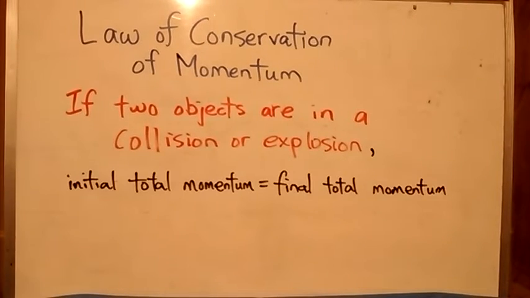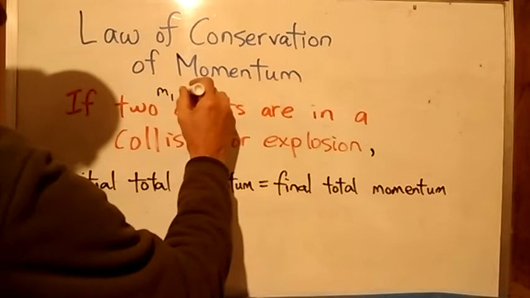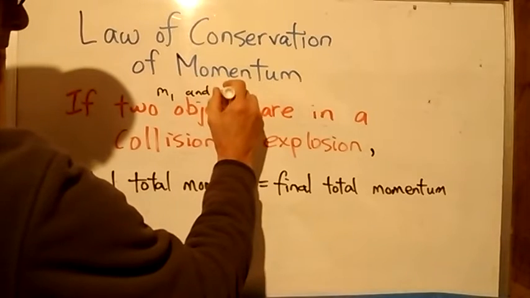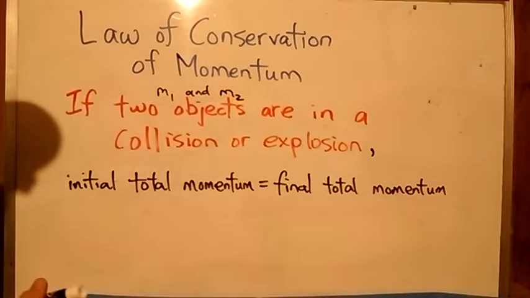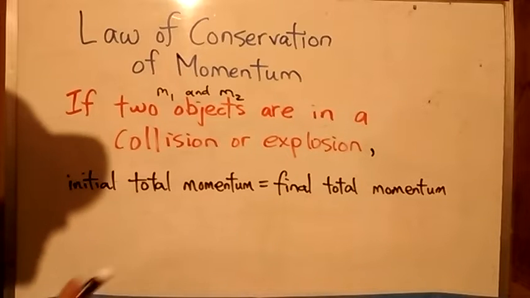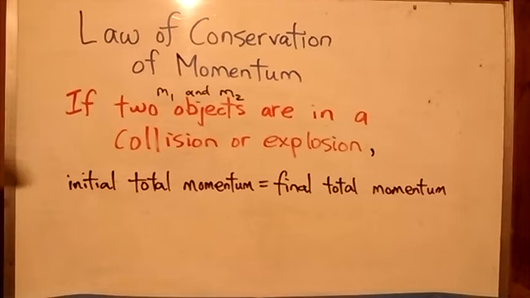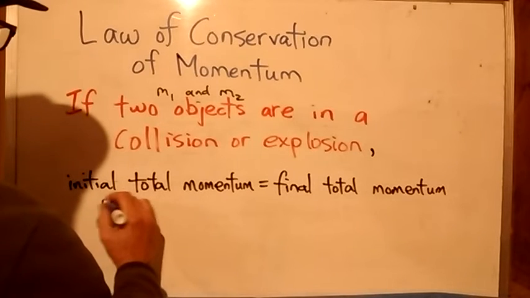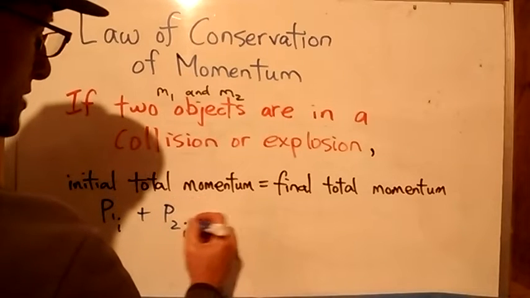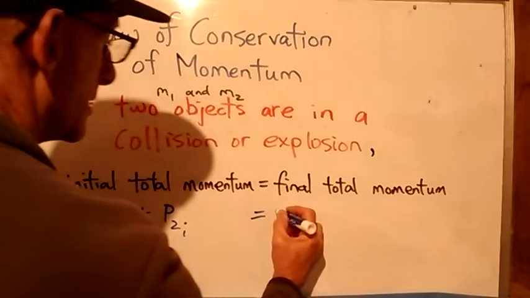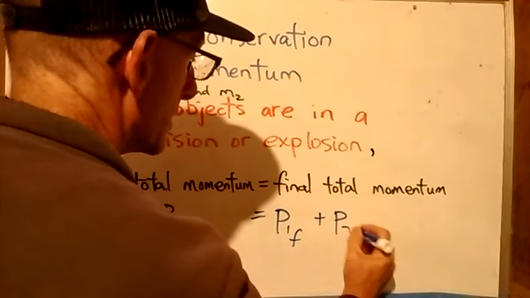If we had two objects, we'll call one M1 and the other M2, and they were involved in a collision or explosion, the initial total momentum equals the final total momentum. In terms of an equation it would look like this: P1 initial plus P2 initial equals P1 final plus P2 final.